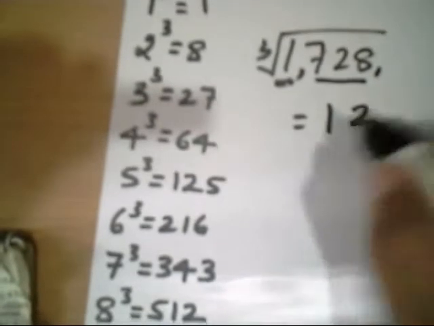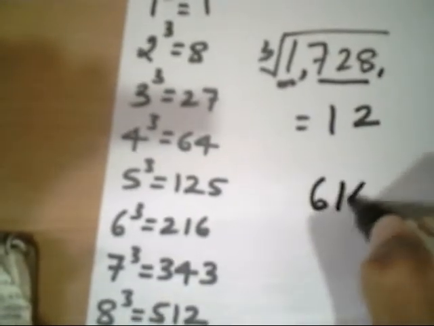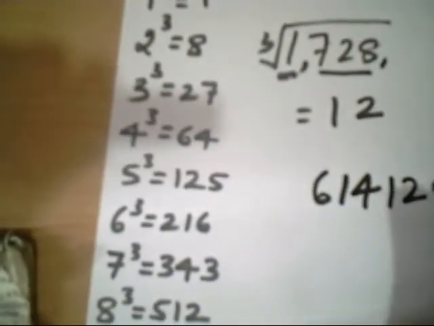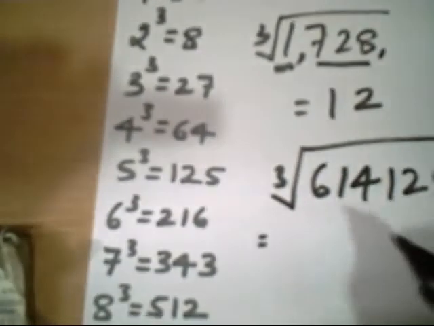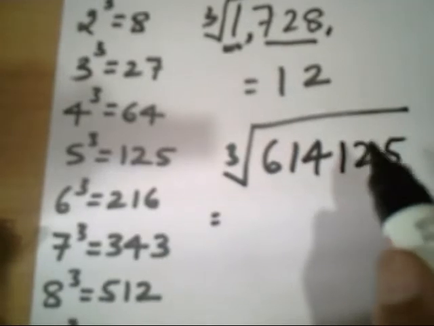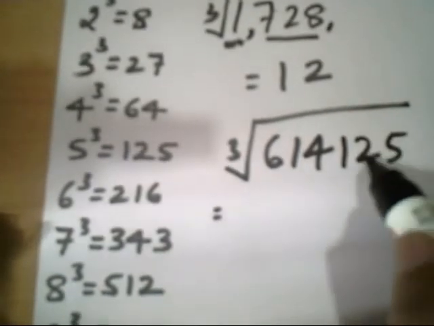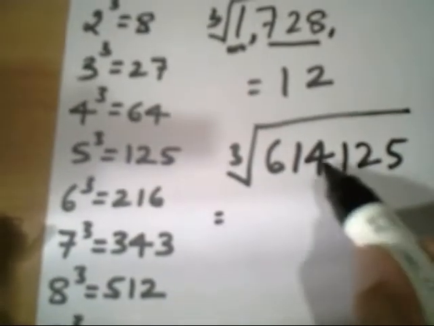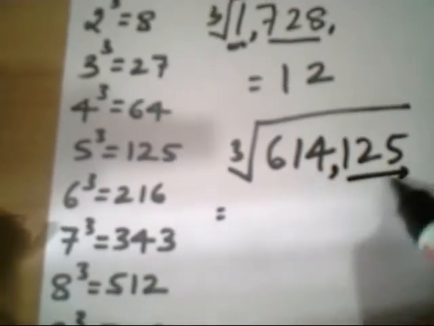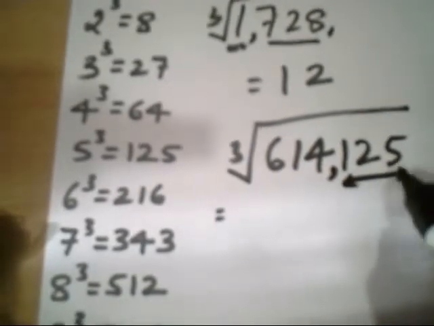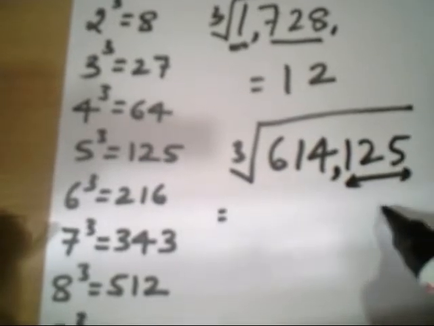Let us take another example and see. Let me take 614125, and I have to find the cube root of this. In this case, again, make the groups of 3 digits from the last digit. That is 125 in one group, 614 in the other group. Now in the first group, the last digit is 5, so my cube root's last digit also should be 5.